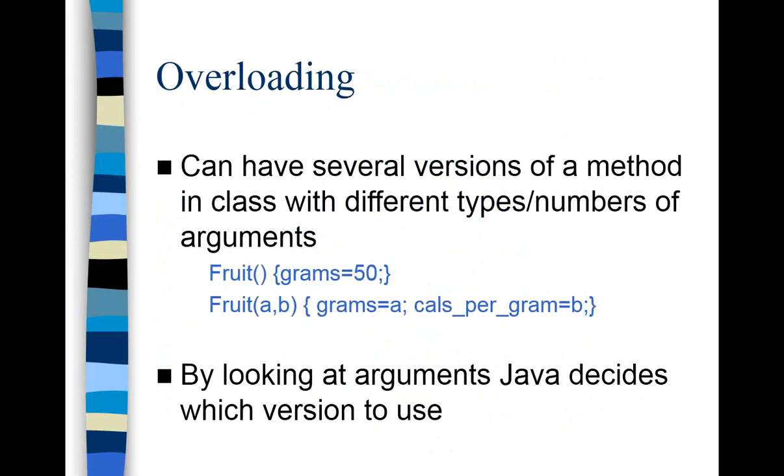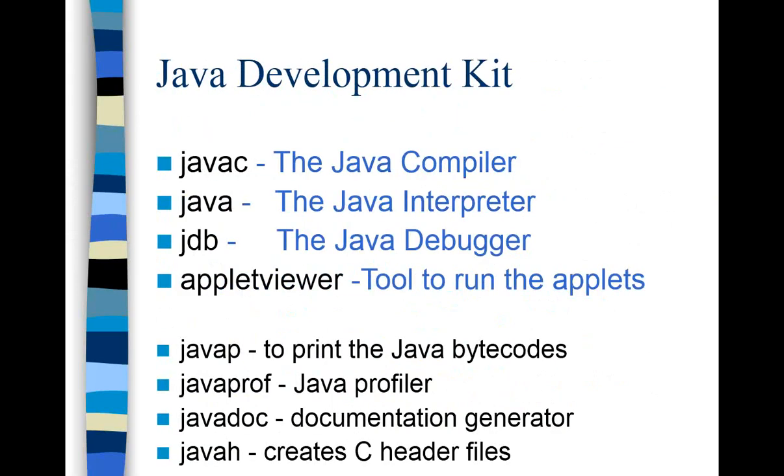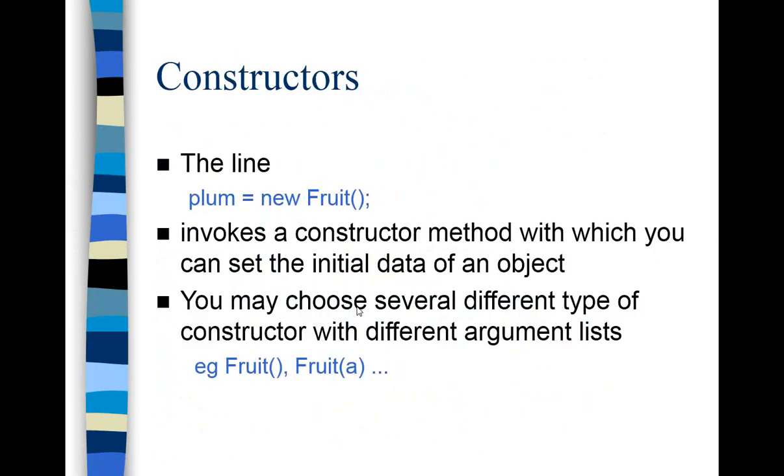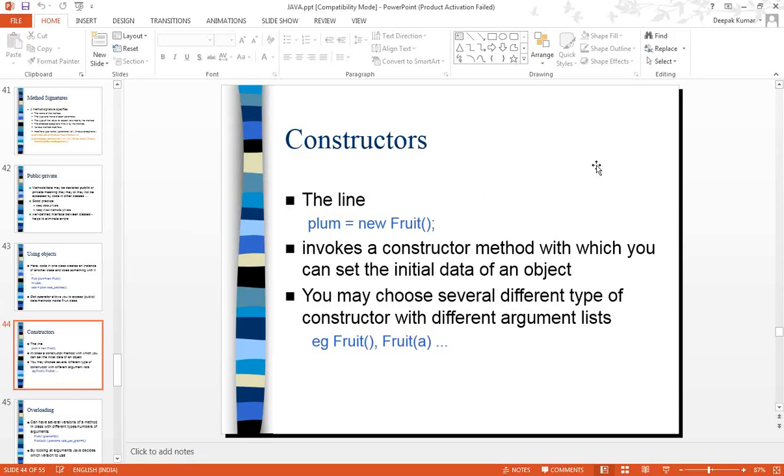Overloading we already saw. Java development kit we discussed. So now the rest are advanced topics of Java. Tomorrow's session we will be looking into the other advanced topics of Java, where we'll write a small program and see how to access different aspects of Java.